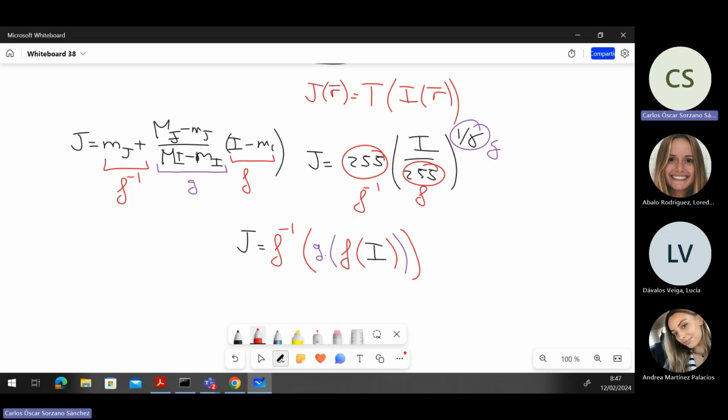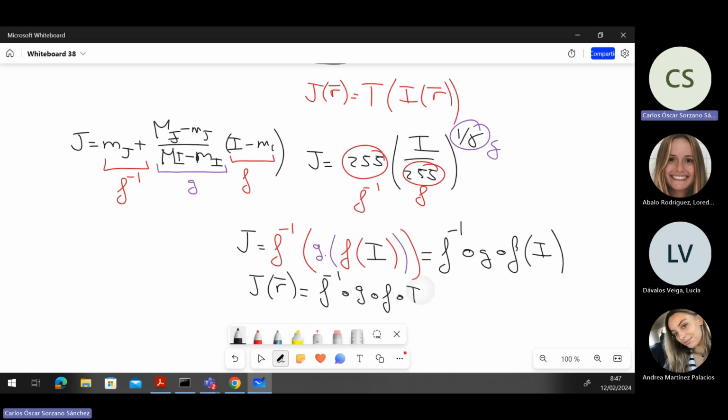And if you want, you can also write this as F minus 1 applied to A, applied to F, applied to I. And then if you want, you can say J of R is F minus 1 applied to A, applied to F, applied to I of R. Both ways are correct ways of writing that.